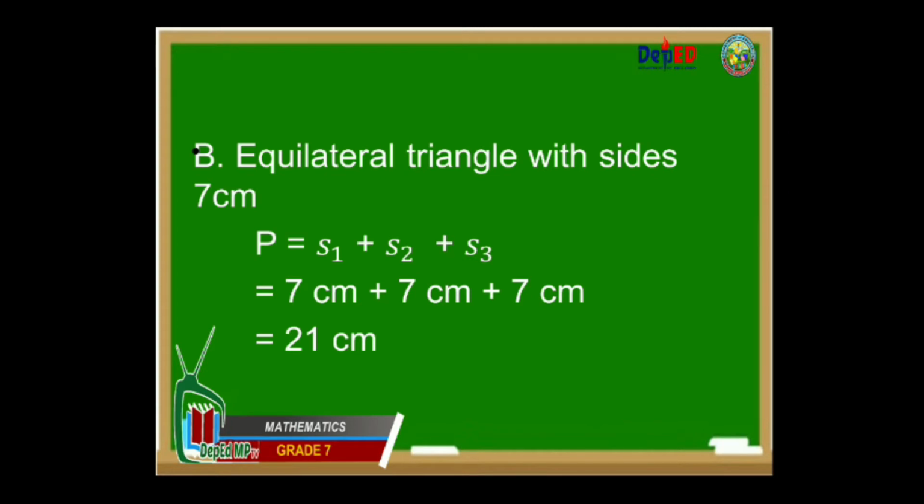Letter B. Equilateral triangle with sides 7 cm. The formula is perimeter is equal to side 1 plus side 2 plus side 3, which is equal to 7 cm plus 7 cm plus 7 cm. Therefore, the perimeter of the equilateral triangle with sides 7 cm is 21 cm.